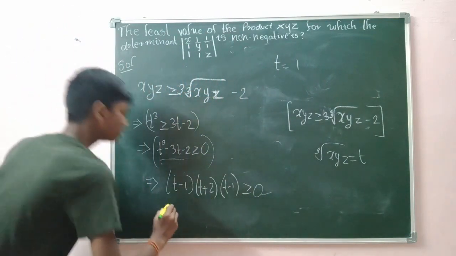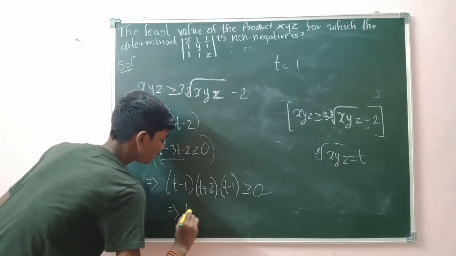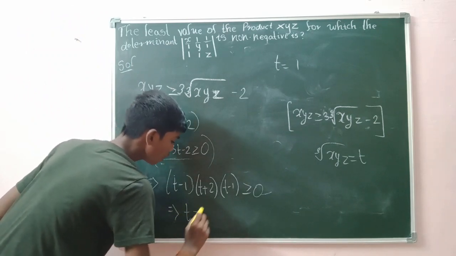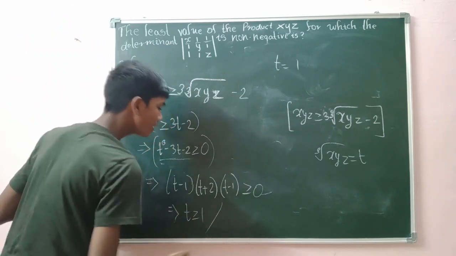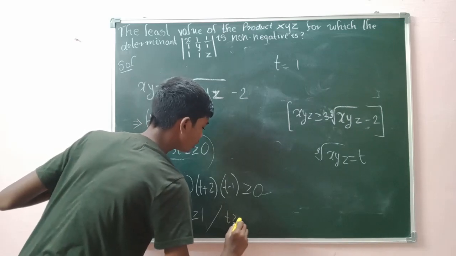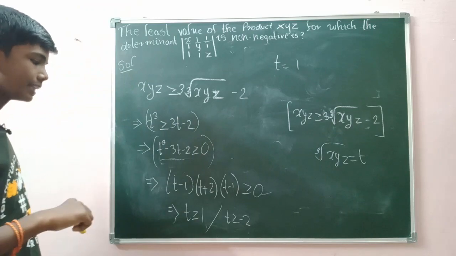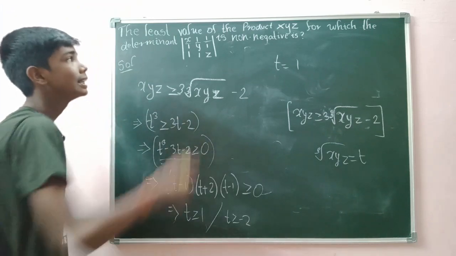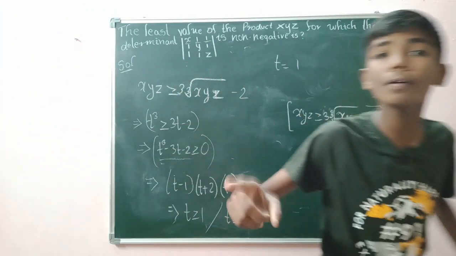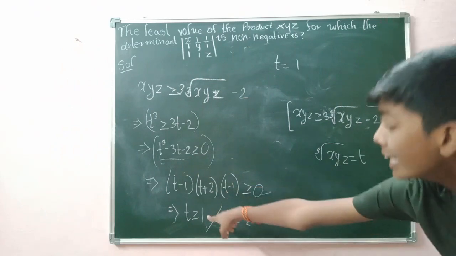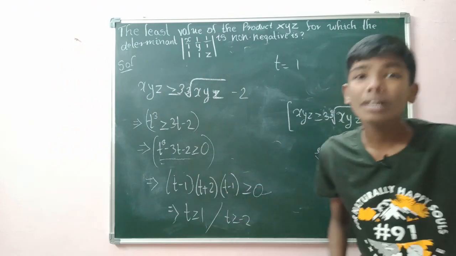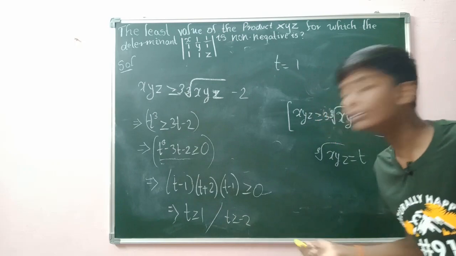So now from this I would say that either t will be greater than or equal to 1 or t will be greater than or equal to minus 2, when you take the 2 and minus 1 to the right side. But the problem here is they are asking us to find the least value of the product xyz. So if t is greater than or equal to 1, is 1 the least value or is minus 2 the least value?